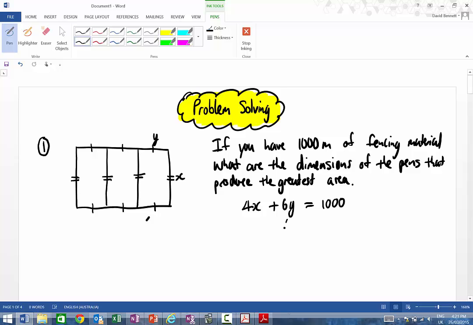So if I said 6y equals 1,000 take 4x, when you bring it across you change the sign, don't you? Okay, and then I could say that y is equal to 1,000 divided by 6 take 4x divided by 6. So I'm dividing both sides by 6. Okay, so that now gives me my y in terms of my x value.